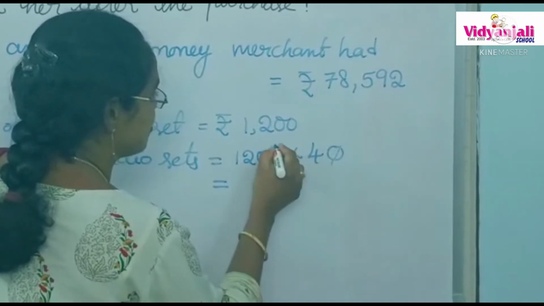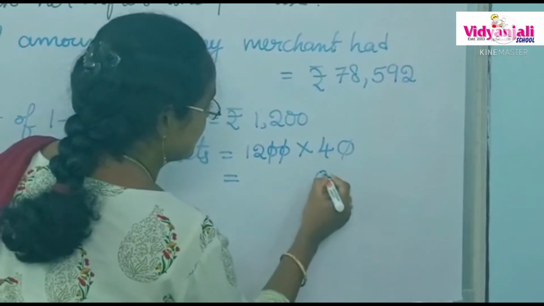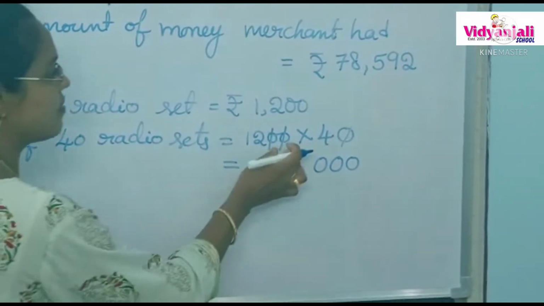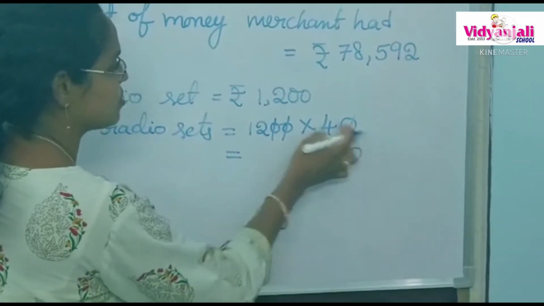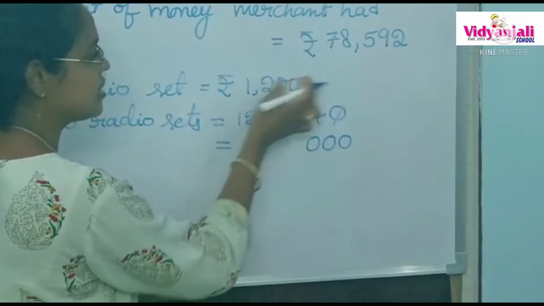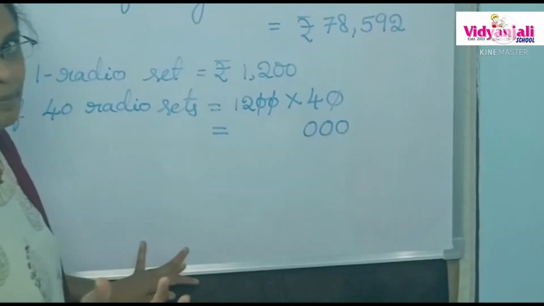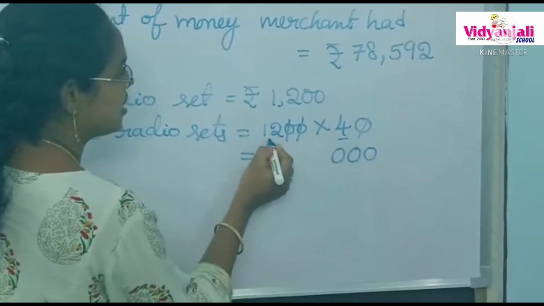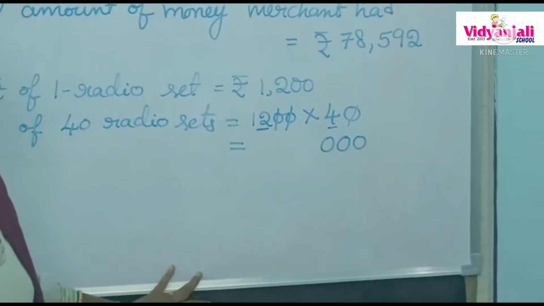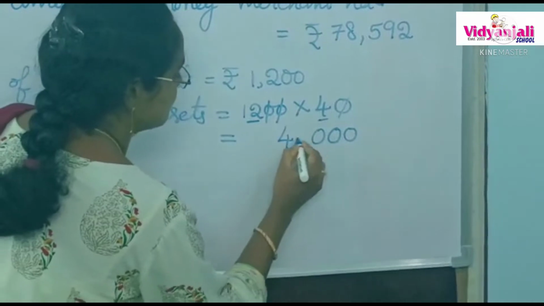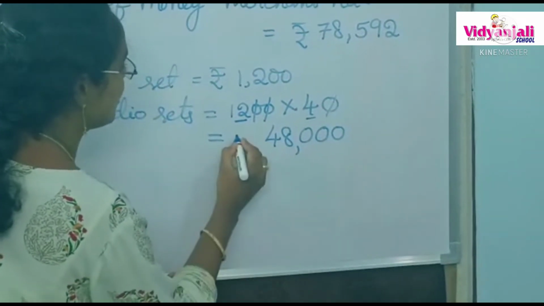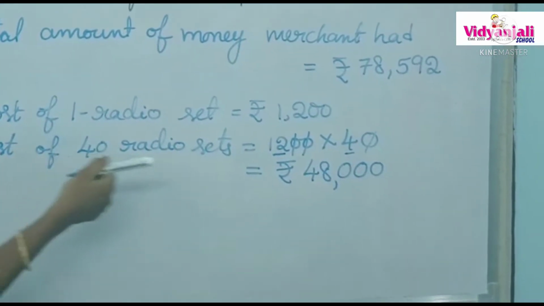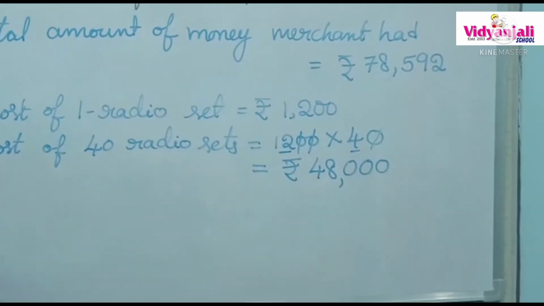See, here 3 zeros are there, so I am writing the 3 zeros directly in the answer. No need to multiply them. Whatever part remains, we have to multiply: 4 into 12, 4 twelves are 48. If we keep commas according to the periods, we can understand that. So the cost of 40 radio sets is 48,000.